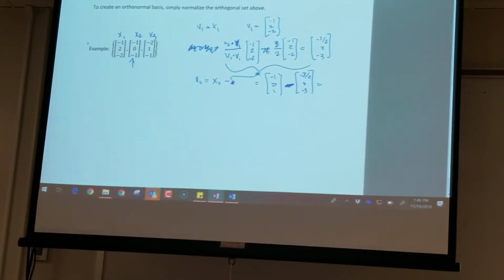Got fractions here. Minus, minus, plus. So this is positive 1/2, negative 3. This is a negative 1, right? Positive 2. Is that right? Did I do that right?